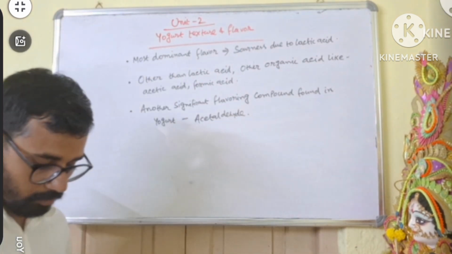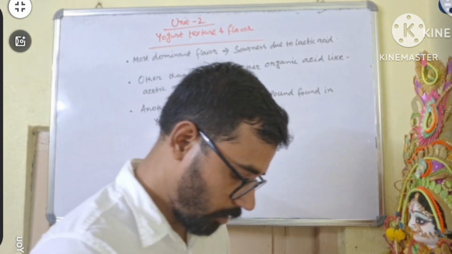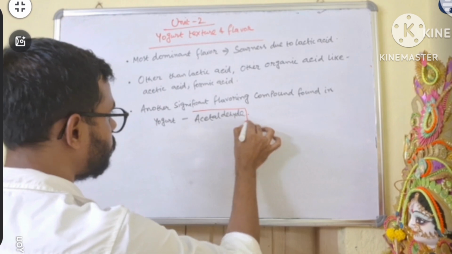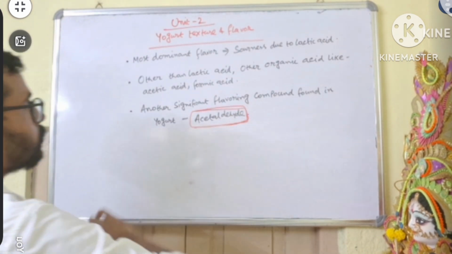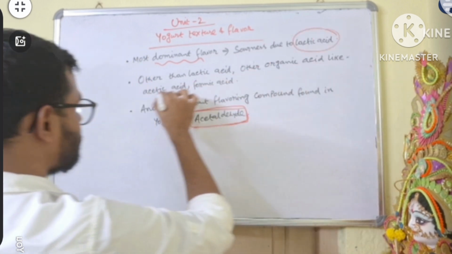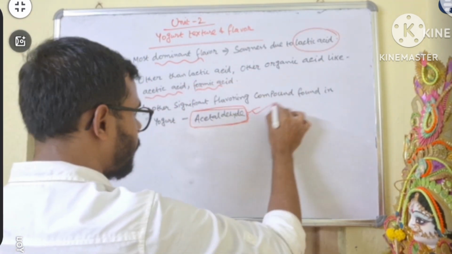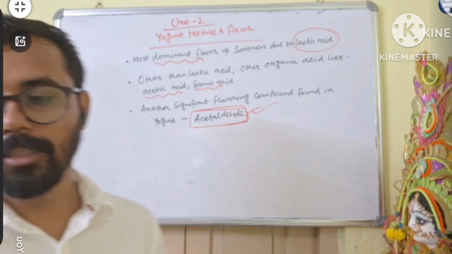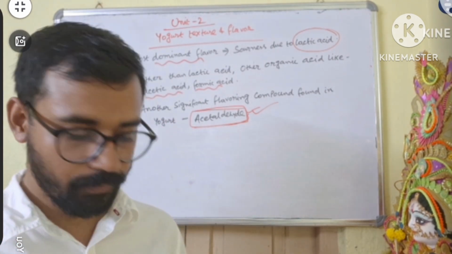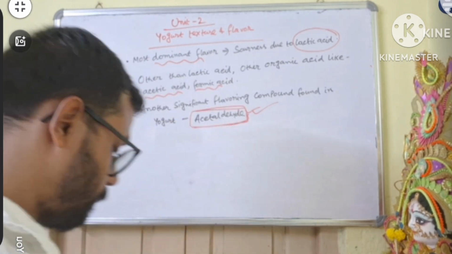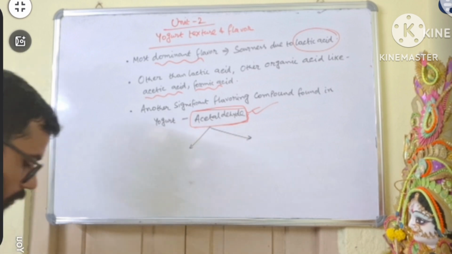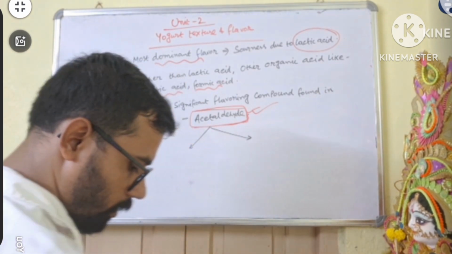Acetaldehyde makes the yogurt more flavorful. So the dominant component is lactic acid, other acids can also be formed, and acetaldehyde is also produced in the yogurt, making it more flavorful. Acetaldehyde can be formed in two ways.